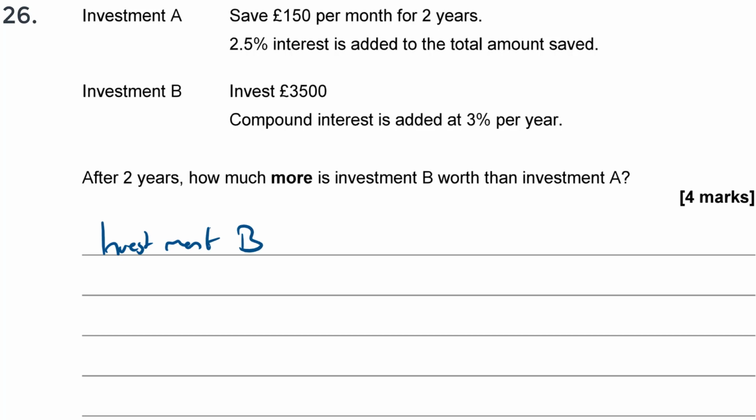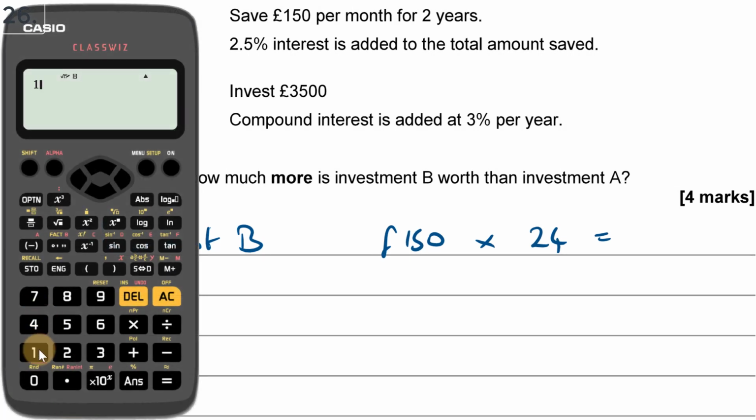Save £150 per month for 2 years, and 2.5% interest is added to the total amount saved. So if we're saving £150 per month for 2 years, then we've got 150 times 2 lots of 12 months, which is 24 months. So 150 times 24, that comes out to be £3,600.